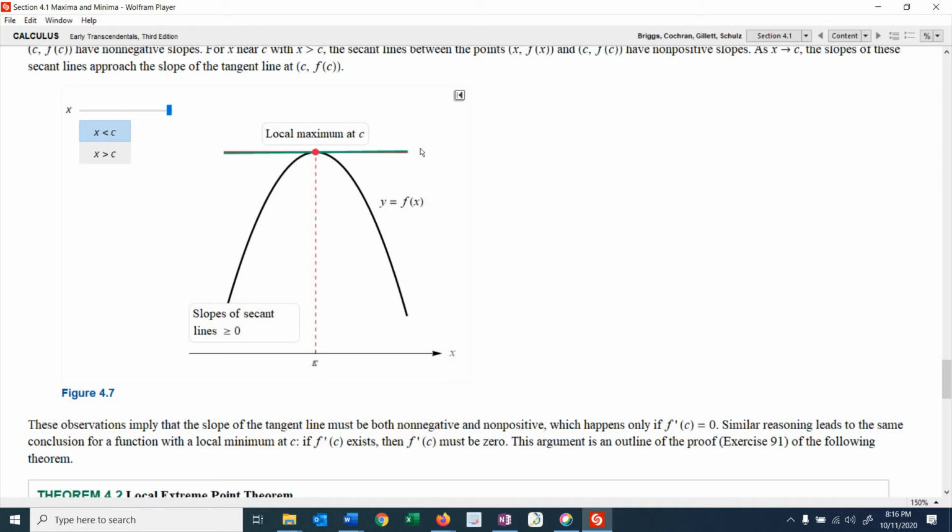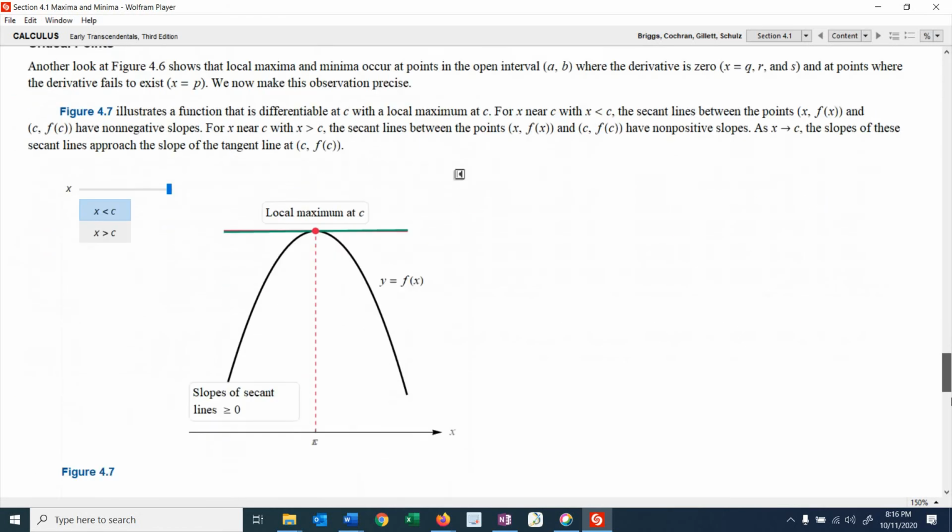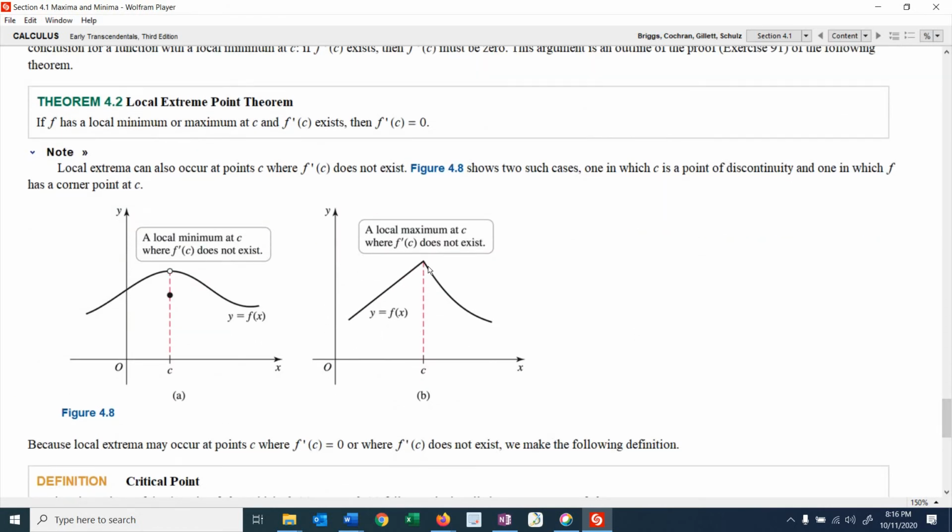And so f prime of C equals 0 at this local maximum. Then down here, when we have this one, f prime of C in this case does not exist. That's because derivatives don't exist at sharp corners like this.